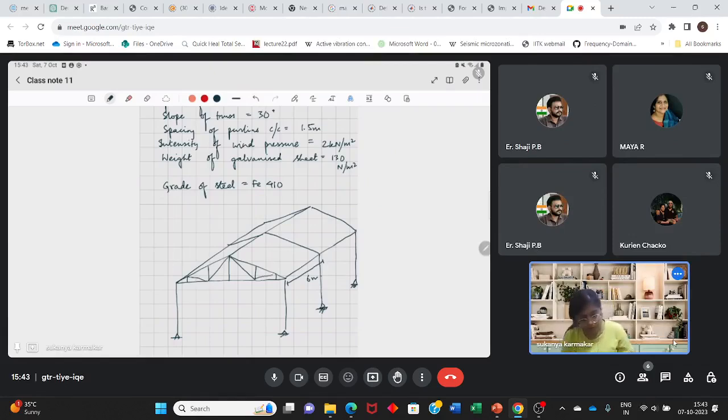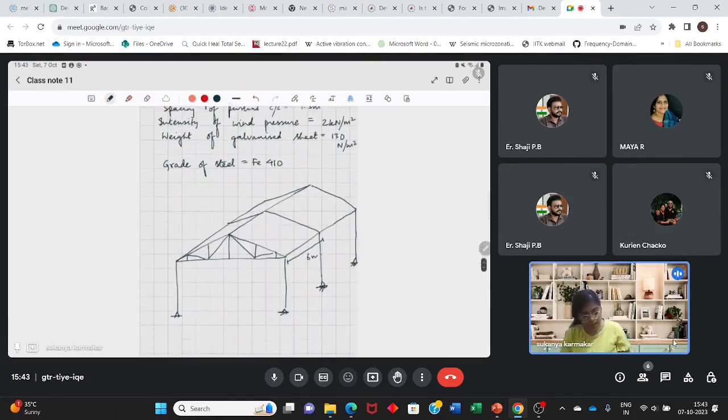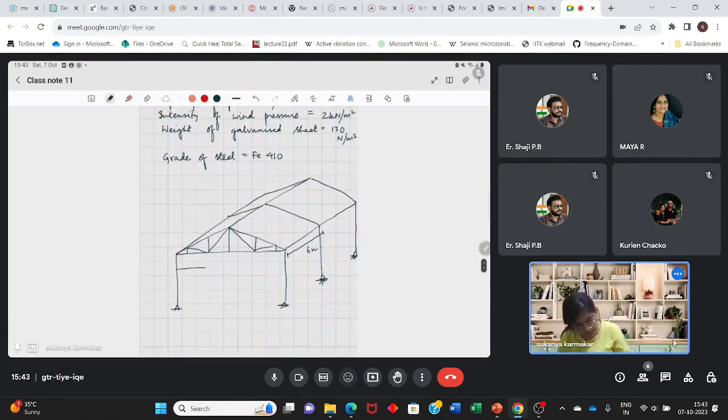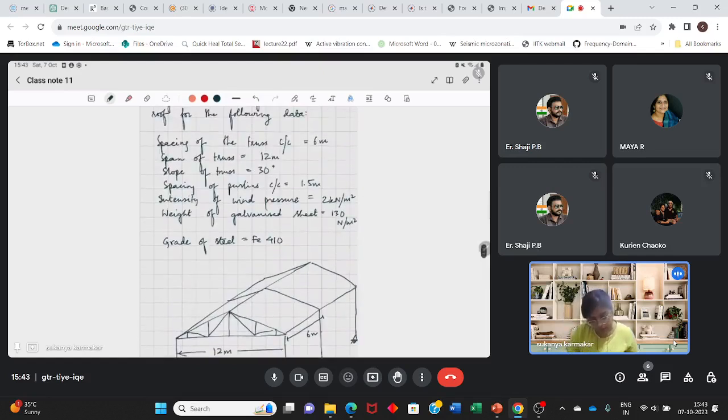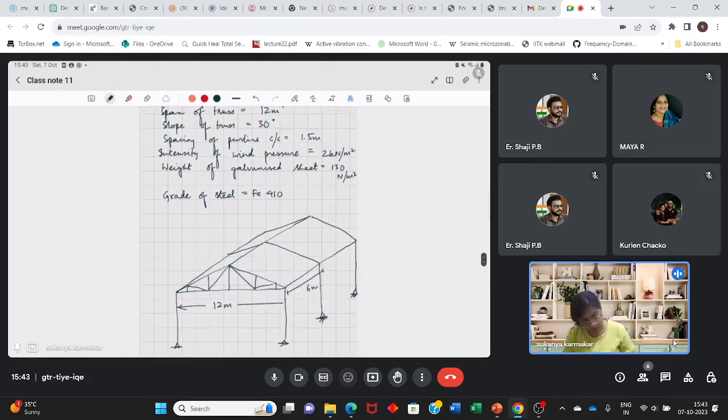This is the truss, and here the span of the truss is 12 meter, meaning this distance is 12 meter. Then the slope of the truss is 30 degree.